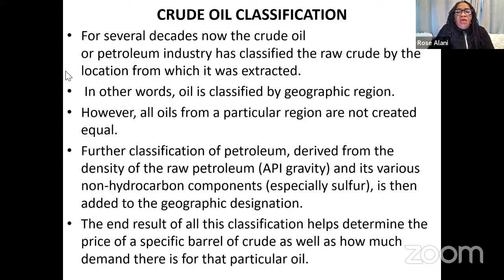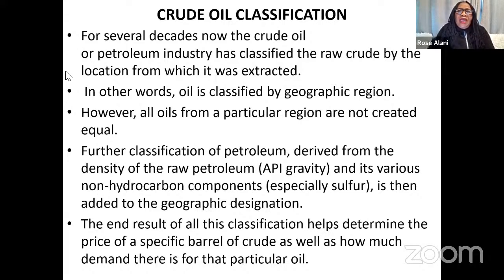Density of the raw petroleum is classified based on API gravity. I'll tell you what API gravity is in the next slide. Either based on API gravity or also based on other non-hydrocarbon components such as sulfur. You will see that classification soon, how it is done.